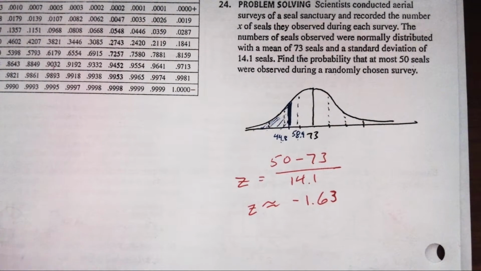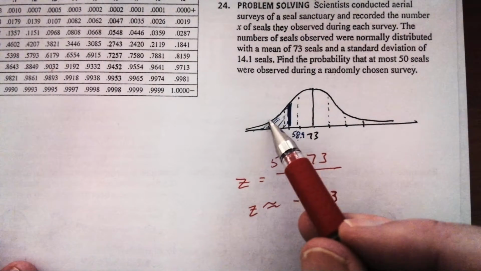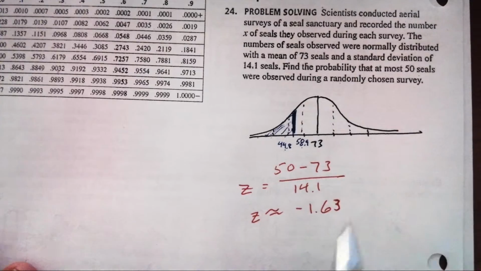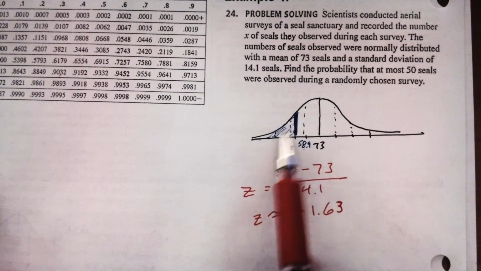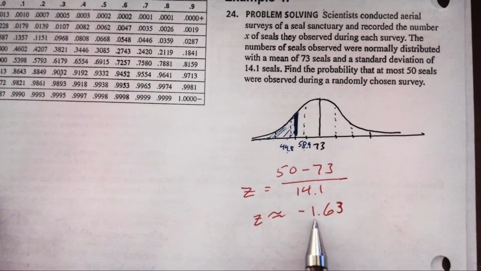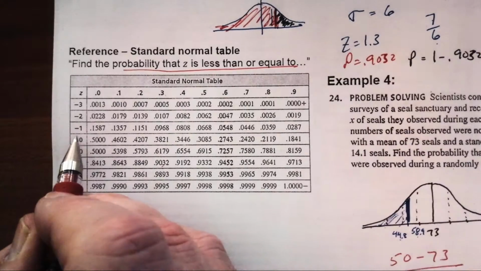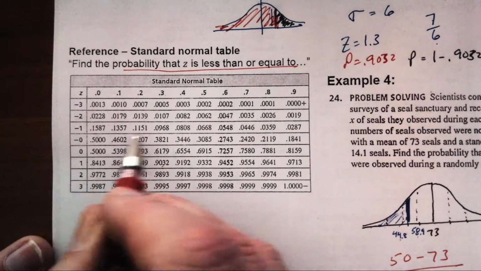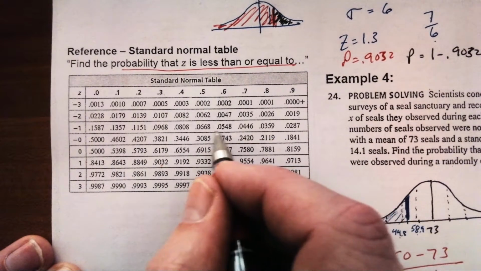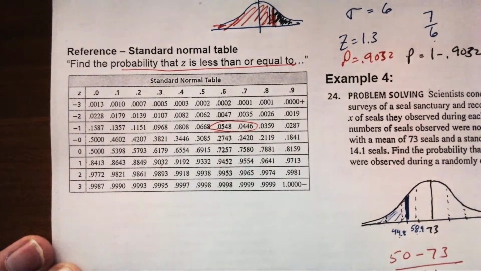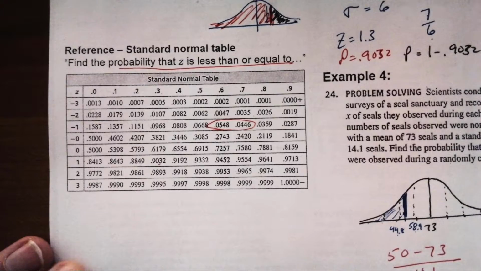So we go to our z-score, and first off, it's nice to understand it's not a very big probability. Much more of the graph is over here. In fact, if I drew this to scale, it would look even more severe. Negative 1.63: I look up negative 1, follow it across to 0.6, and I'm between these two, closest to this.